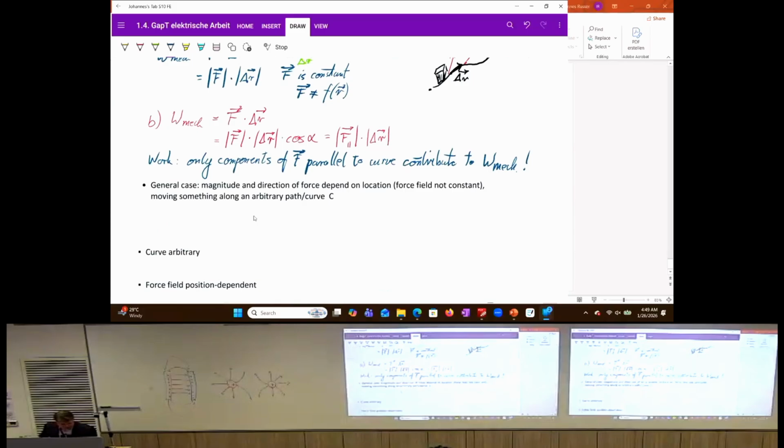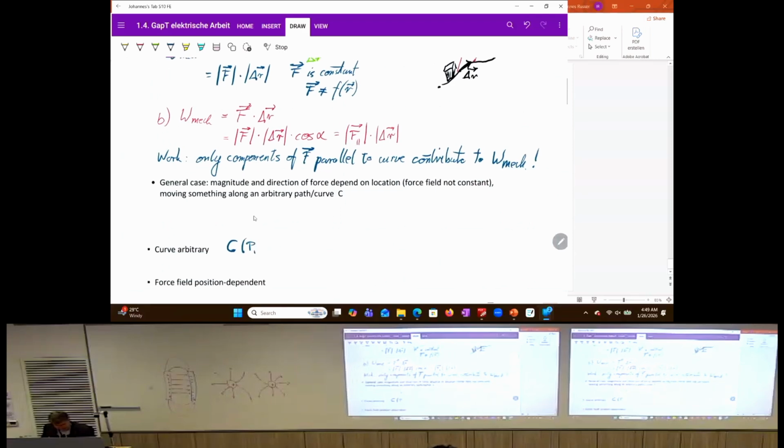And here comes in what we have done just now in this math recap. You have now a curve C, and it runs from point 1 to point 2. And in general, your curve element, delta r, is not parallel to F. That is a general case.